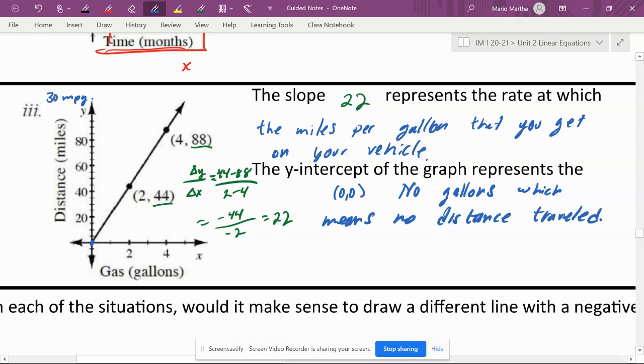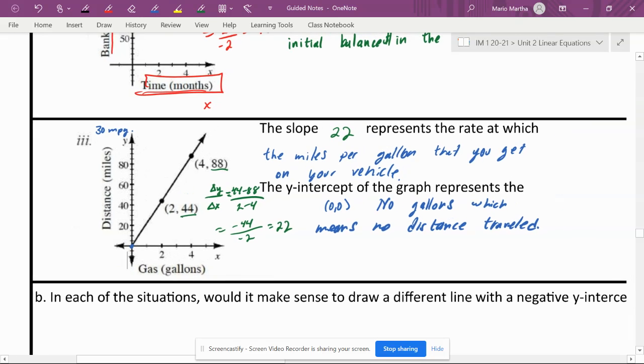And then the next one, that would be pretty much it, right? So again, the slope 22 represents the rate at which the miles per gallon you get on your vehicle. So how far you can travel per gallon. And then the y-intercept, if you don't have any gas in your car, that means you're not going to be able to travel. So here, you're traveling every 22 miles per gallon.